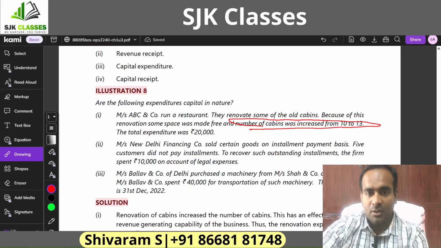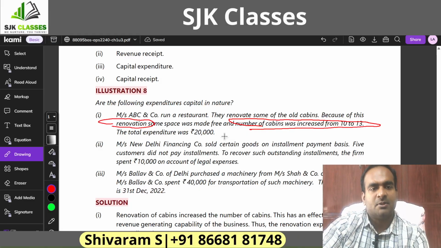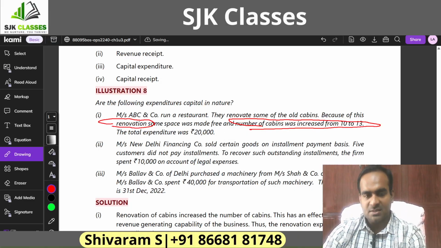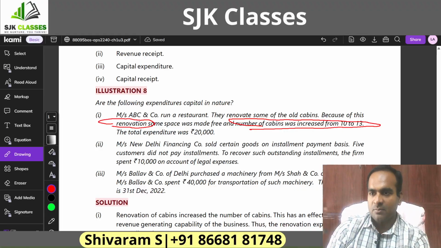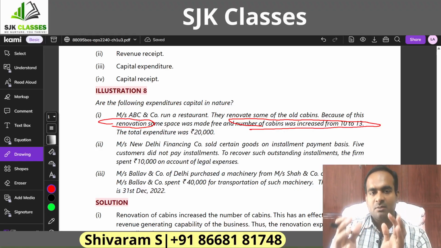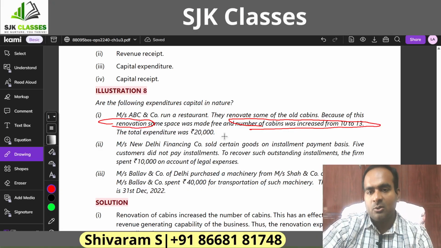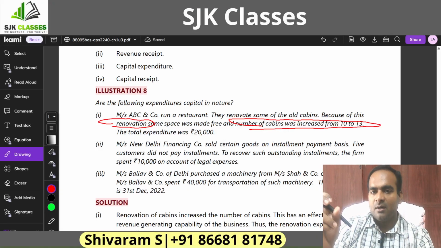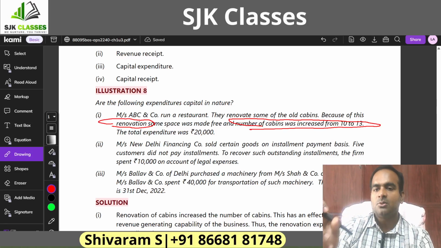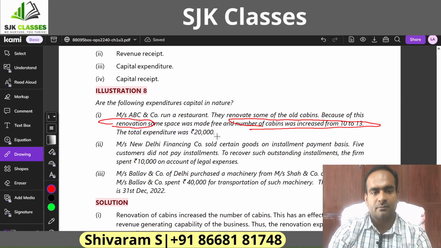Generally, by default, renovation will be taken as a capital expenditure only. That's a default thesis. Whenever we renovate something, the renovation is done only to enhance the capacity of the asset. So renovation by default will be a capital expenditure. This point is even more conclusive. The cabins are increasing from 10 units to 30 units. That benefit we're getting here, hence it's a capital expenditure.